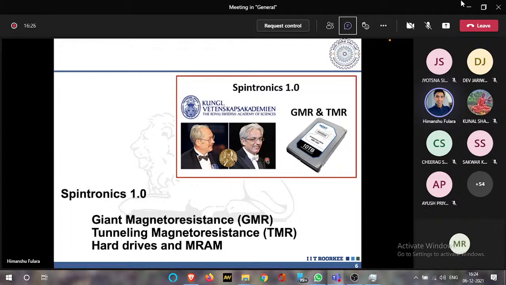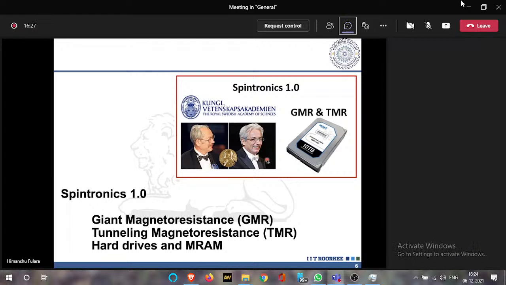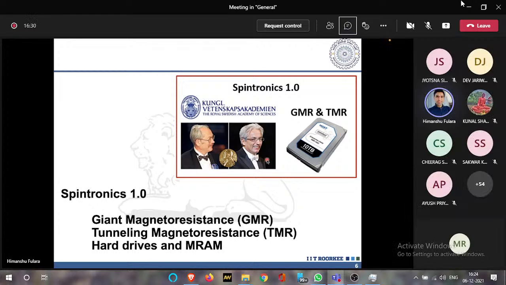Right now I don't remember completely which material they used, but they used certain materials, and they found that the electron can have two different spin angular momentum configurations.